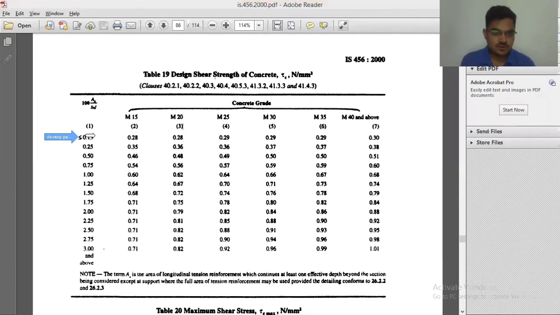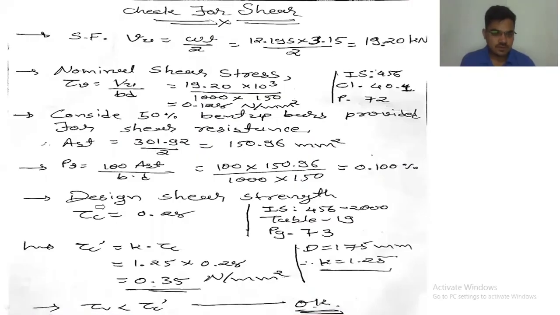So for M20 grade concrete, the value of tau c, design shear strength, is 0.28. So tau c for pt less than 0.15 is 0.28.